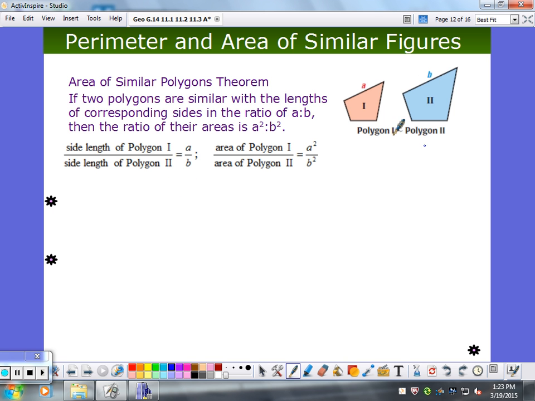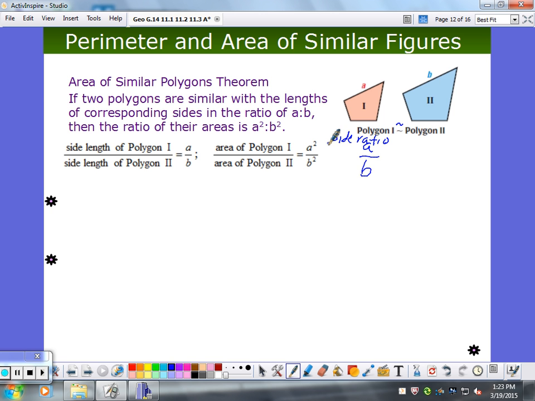So there's a lot going on here. Basically what this says is, if this length is A units, this length is B units, and these are similar polygons, then A to B gives me a side length ratio. And because a perimeter is made up of sides, the perimeter uses that same ratio as the side ratio.